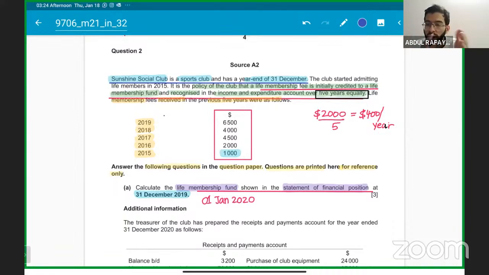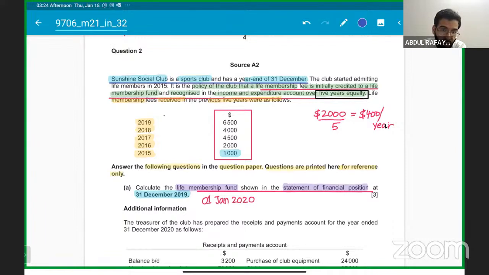So how, because we are now currently at the end of year 31st December 2019, which means if we given in the context of this example, we will say that, sir, we have already recorded for 3 years. We have recorded for 2017, we have recorded for 2018, and we have recorded for 2019.